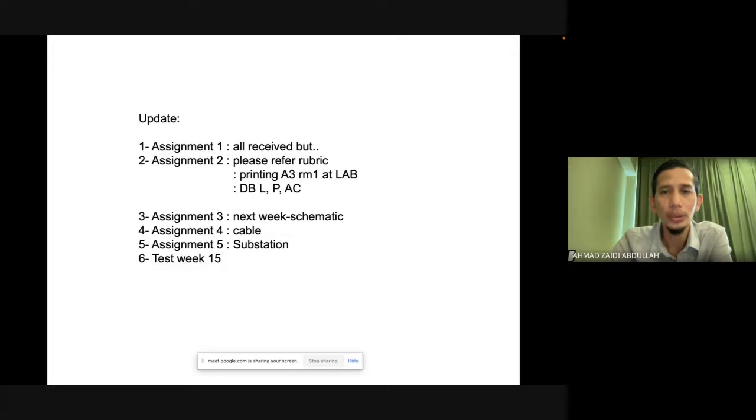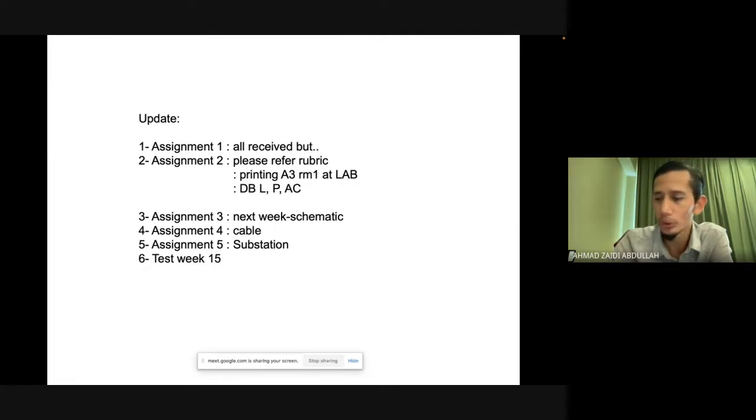For assignment 2, the printing: I heard most of you are printing the A3 drawing at a shop outside Unimap, with a price of 2.5 ringgit, right? We also have a photostat machine at the lab, so you can print by your own.